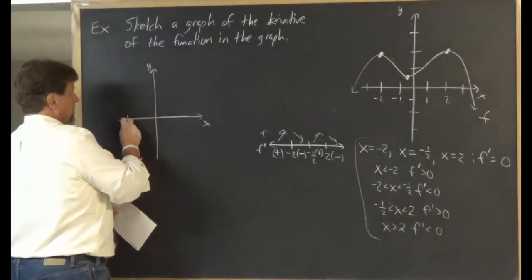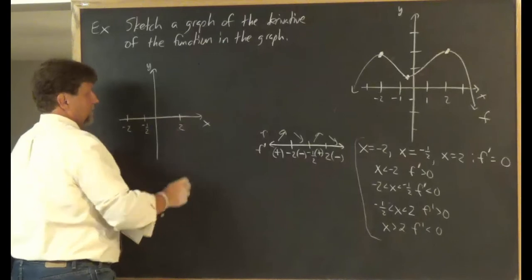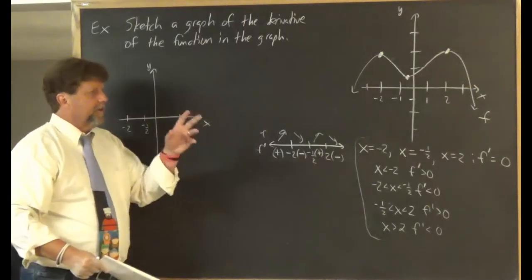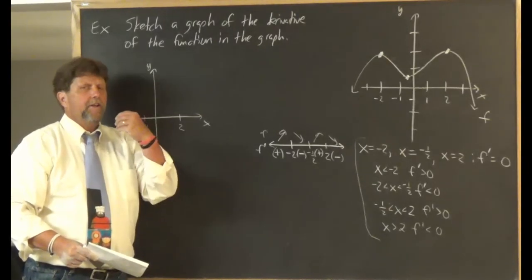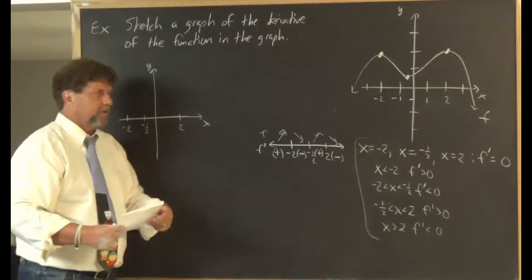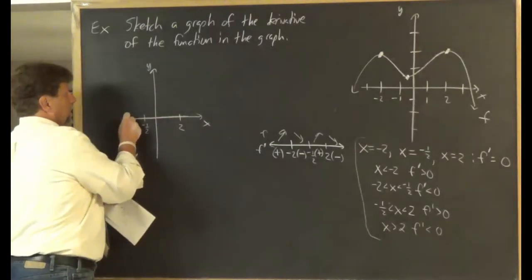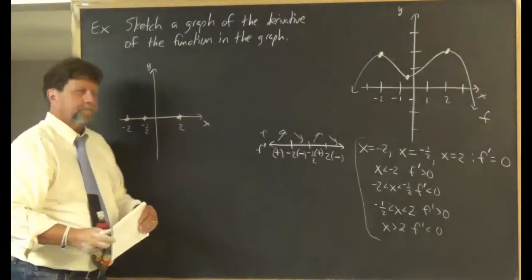So let's see, I'm going to put -2 here, -1/2, and 2. I know the derivative is 0 at those three values of x, so I know the graph must have x-intercepts at those three values of x. So I know three points that are definitely on the graph of the derivative.